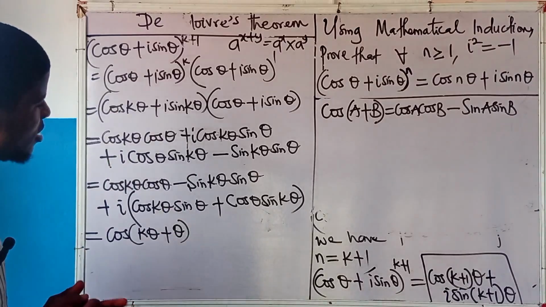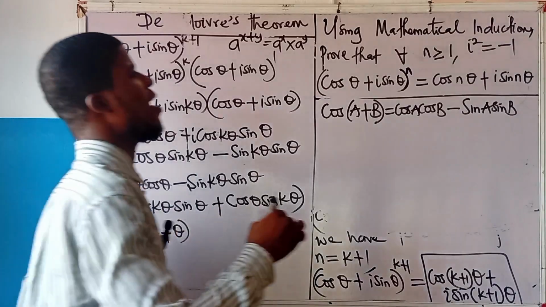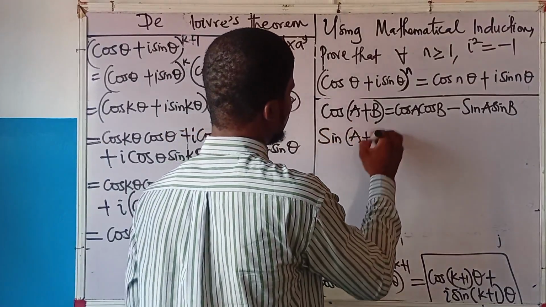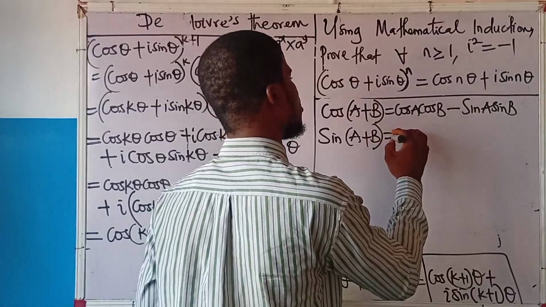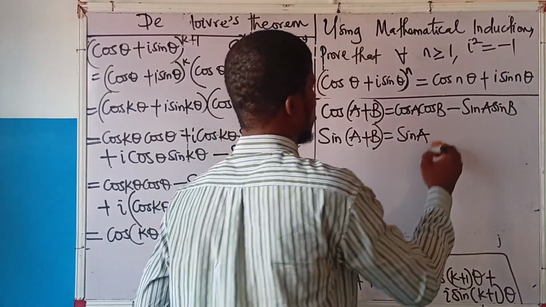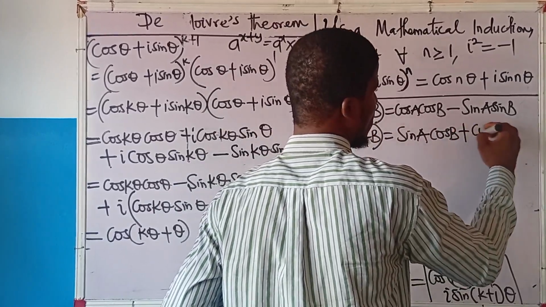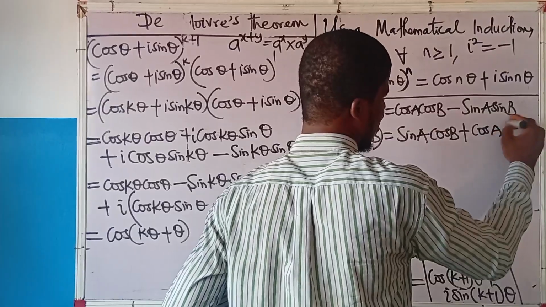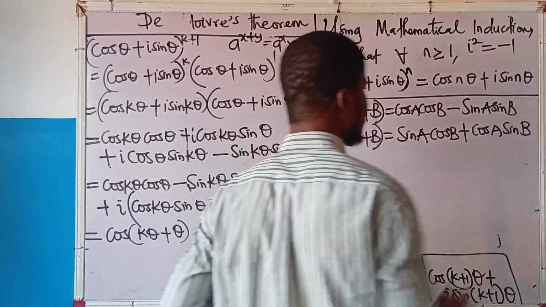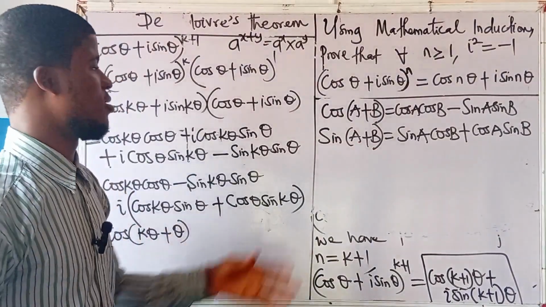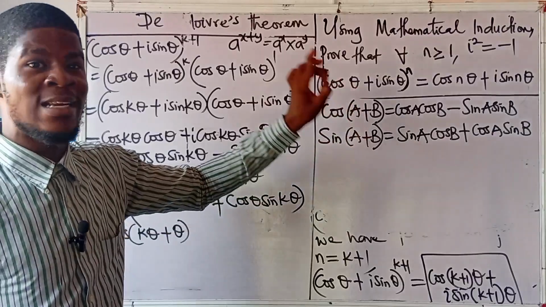Now, what does trigonometry say again? If I have the sine of a sum, sin A plus B, it is sin A cos B plus cos A sin B. Take note of that difference. I have videos on double angle identities.